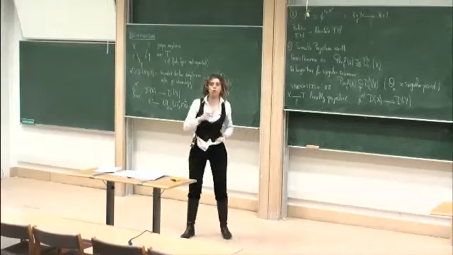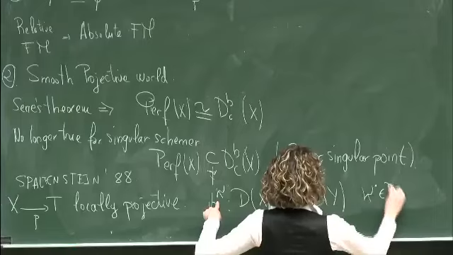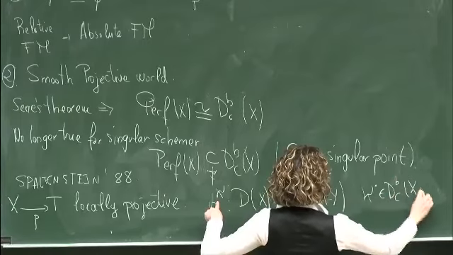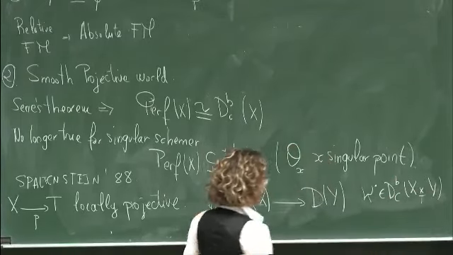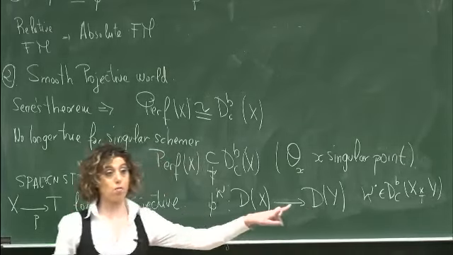But in general, of course, even if your kernel belongs to the bounded derived category of the fiber product, it is not true in general that this functor sends bounded complexes to bounded complexes.